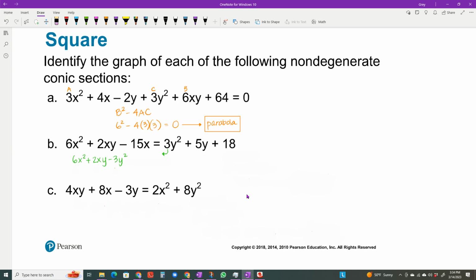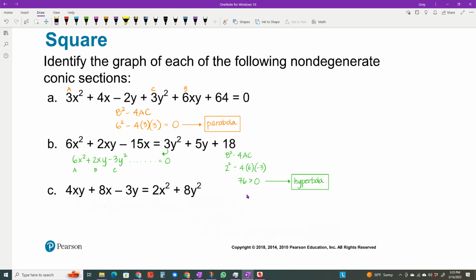And to be perfectly honest with you, the rest of it doesn't matter, because this is my A, this is my B, and that's my C. So B squared minus 4AC. B is 2, so 2 squared minus 4, A is 6, and C is negative 3. And when you multiply that out, you get 76, which is greater than 0, and greater than is a hyperbola.